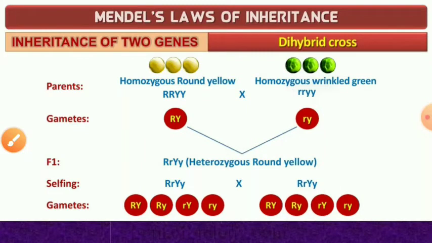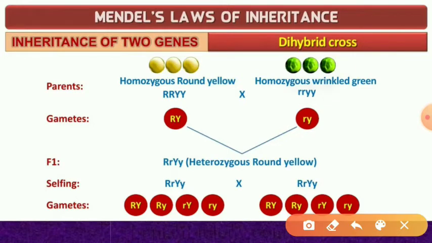So what is the first step? Take the parents first. Mendel took the parents first: homozygous round yellow. The round character is controlled by a pair of alleles, capital R, and yellow is controlled by the factors capital Y. The next parent to cross with is wrinkled, represented by small r, and green, represented by the recessive allele, small y.